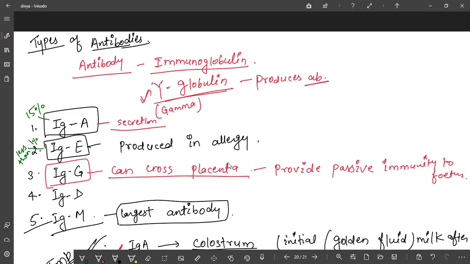IgE is less than 1%. And what about IgG? It is the most abundant antibody. How much percentage of IgG is present? 75%. And what about IgD? It is also less than 1%. Is it clear to you? And IgM is 7 to 10%.